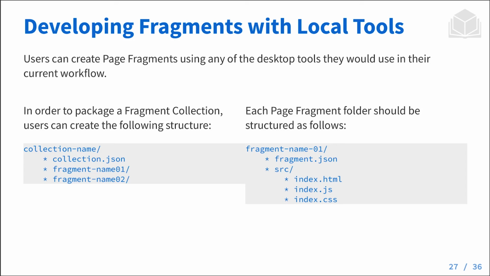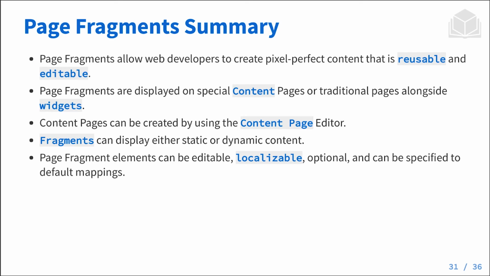And in your fragments, you need to have the HTML, JavaScript, and CSS file. So in your fragment, you'll have your fragment.json and your source with those three files. And then once you're done, you can just go ahead and zip it up and import it into the platform. So I'd encourage you to take a look at some of our documentation where they show you more fully how you can use your own tools to develop fragments if you're not going to be doing it on the platform.